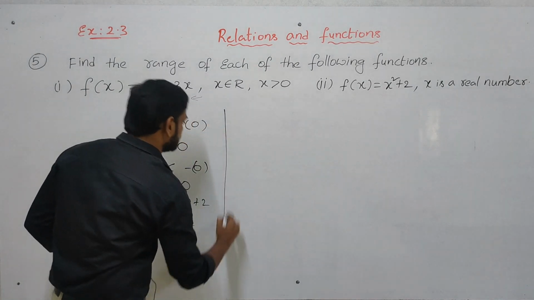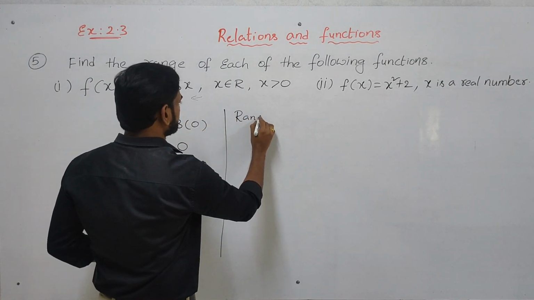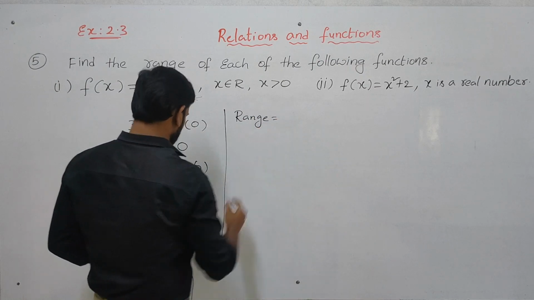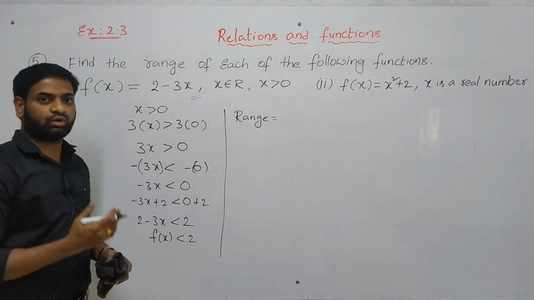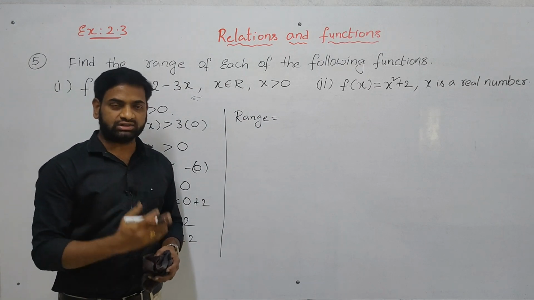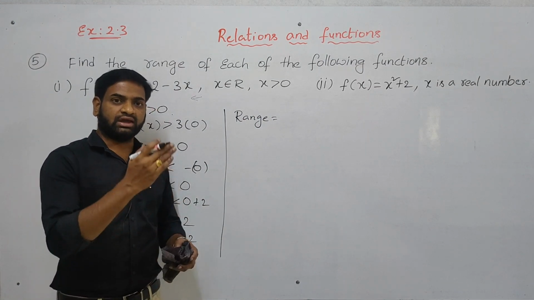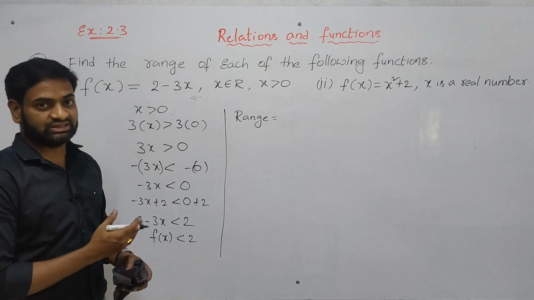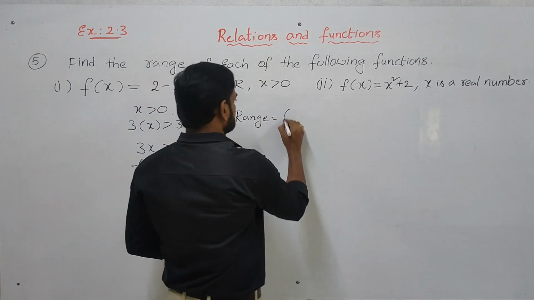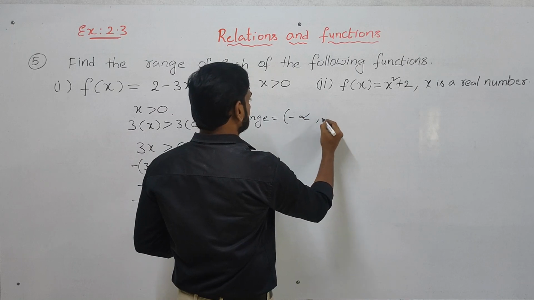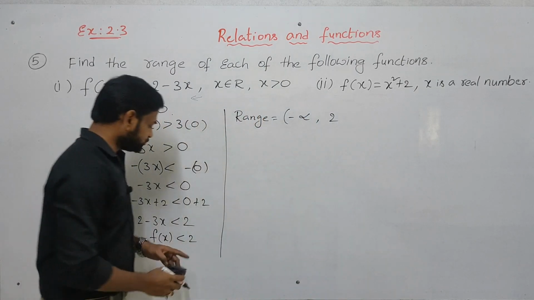So what is the range now? Range is below 2. Below 2, what numbers do we have? 1, 0, minus 1, minus 2, and so on, up to minus infinity. So it is minus infinity up to 2.